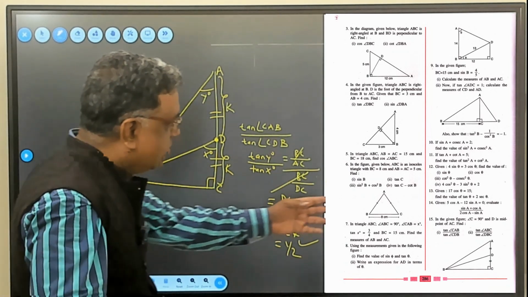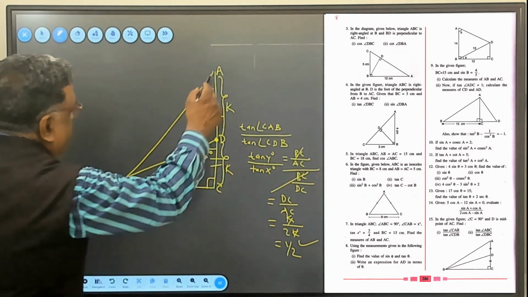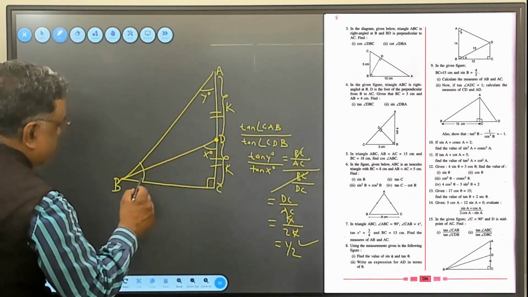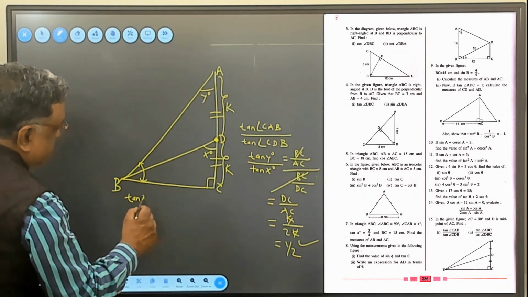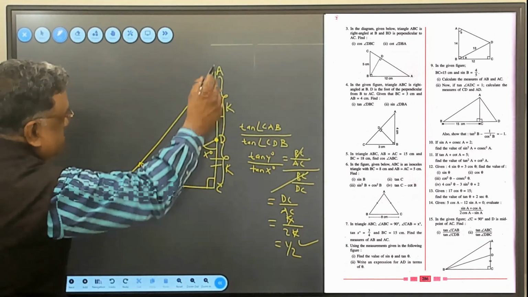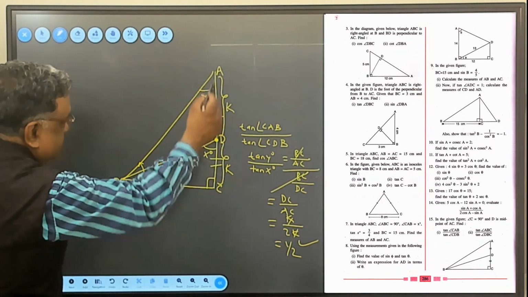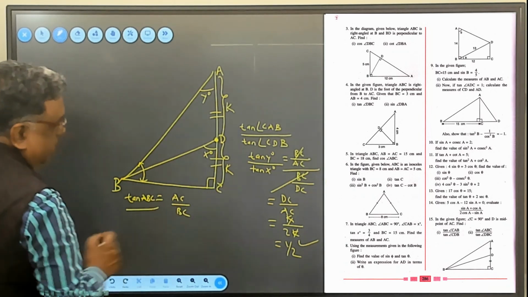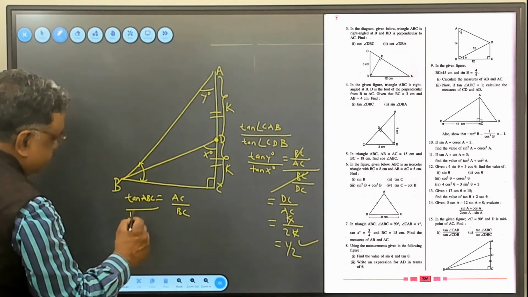Same way you can find out tan ABC upon tan DBC. Let us try to do that. Tan of ABC, which is this angle. So tan of ABC is this upon this, opposite upon hypotenuse, which is AC upon BC, upon tan of CDB.